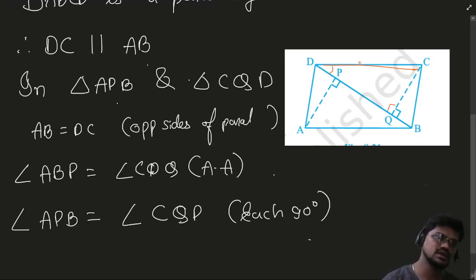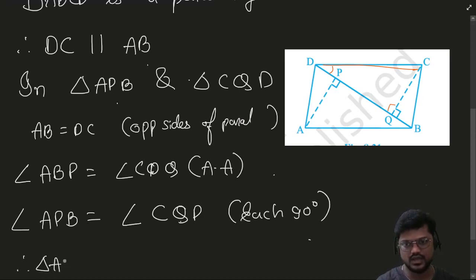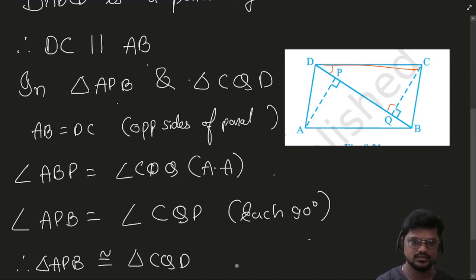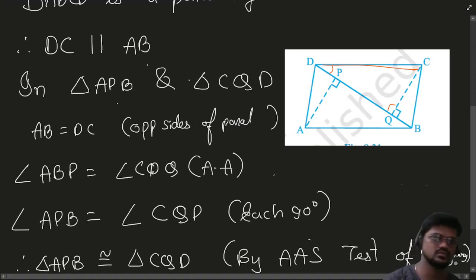So triangle APB is congruent to triangle CDQ by the AAS test of congruency. Clear? Why is it AAS and not ASA? Anyone please tell me. Sir, because the side is not included between the two angles.